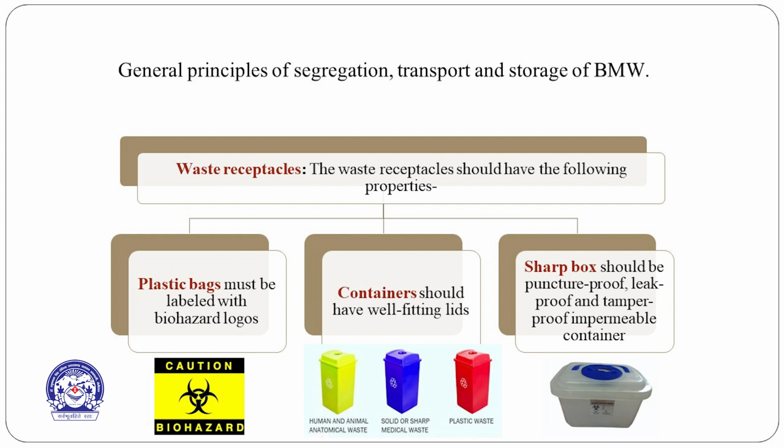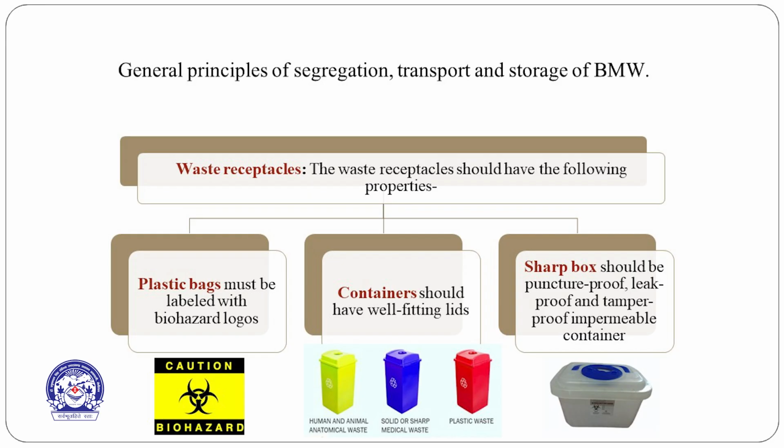General principles of segregation, transport and storage of biomedical waste. Waste receptacles should have the following properties. Plastic bags must be labeled with the biohazard logo shown below. Containers should have well-fitted lids; they should not be open.